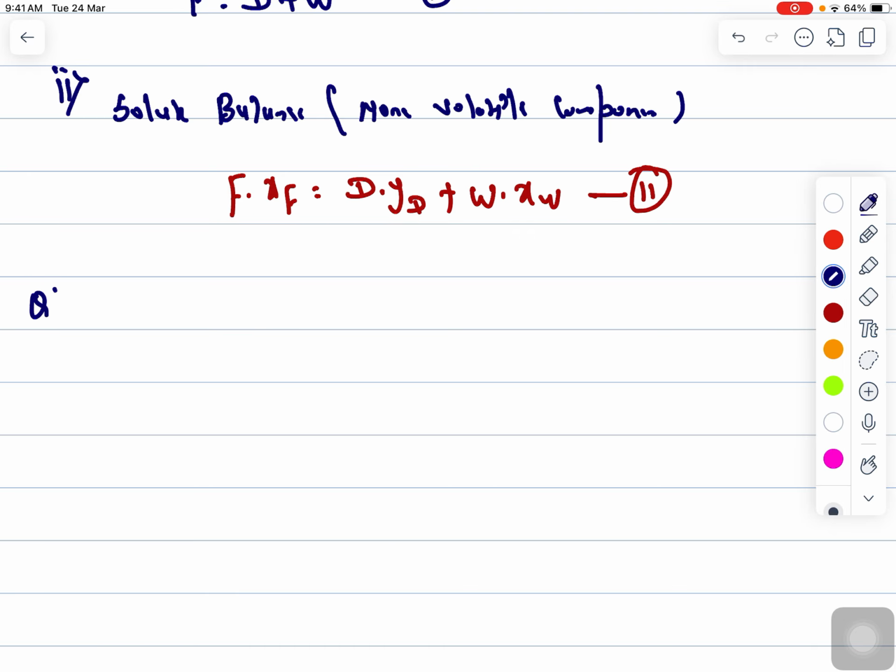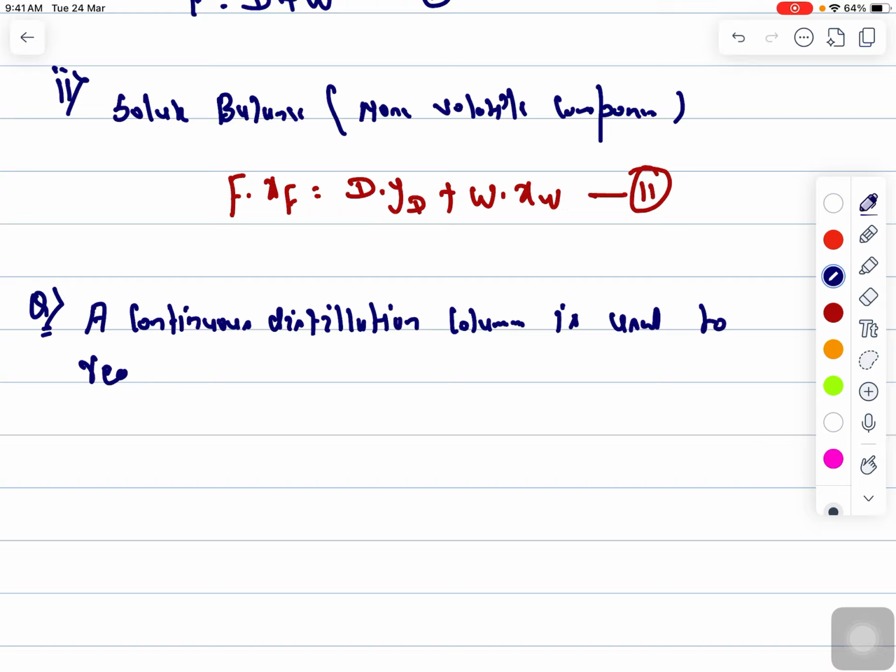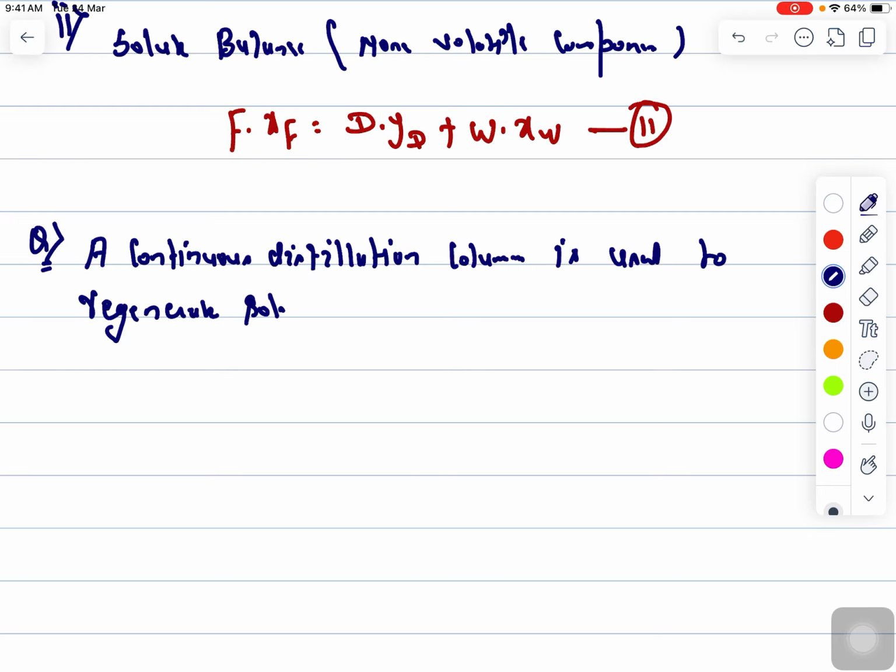Let's say a column is used to regenerate solvent for use in a solvent extraction unit, right?